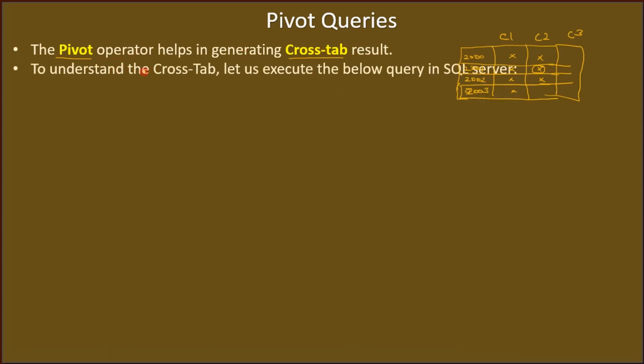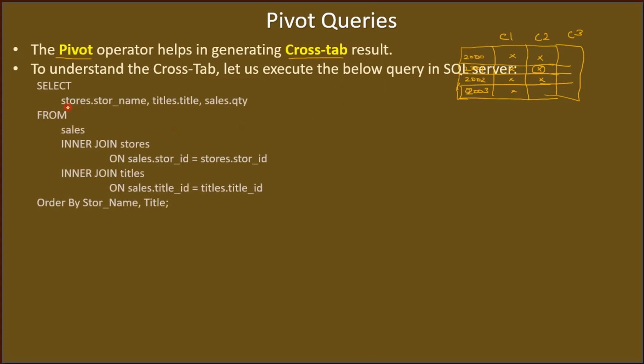To understand the CrossTab, let's execute the below query in SQL Server. Here if you see, we are taking store name, title and sales quantity. Those are the three columns we are picking: the store name, the book title, and how many quantity was ordered.